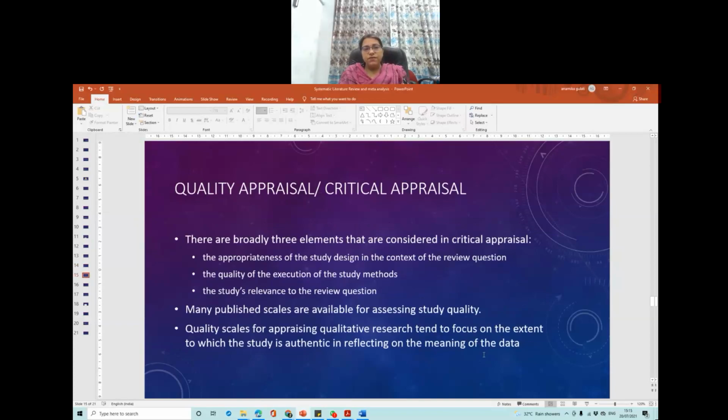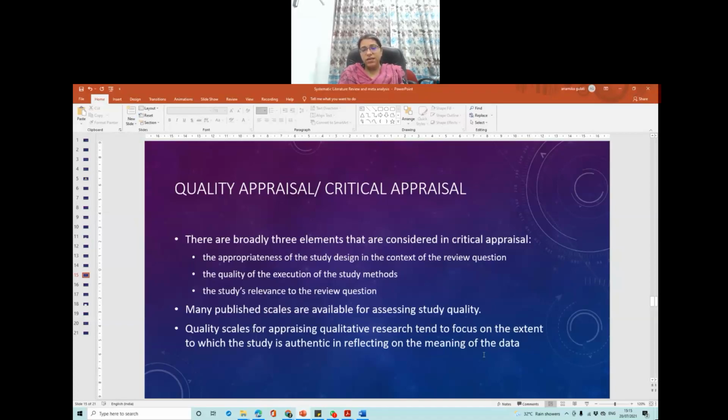Moving further, we have the next section where we'll do quality appraisal or critical appraisal of the study. There are broadly three elements considered in the critical appraisal of a particular study to be included in the systematic review: the appropriateness of the study design, whether the study design is appropriate to answer the review question; the quality of execution of the study method, whether the study methods were appropriate to conduct that particular study; and the study's relevance to the review question.